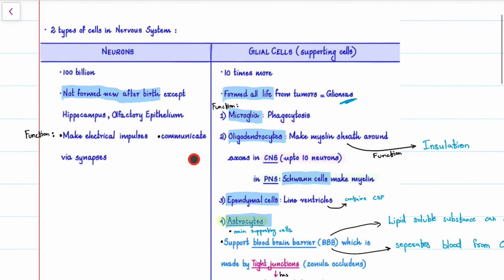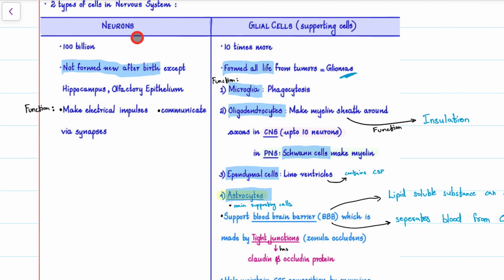So what are the functions of these cells? The neuron's function is simply to make electrical impulses and to send it or communicate it via the synapses. Actually, the junction between two neurons is known as a synapse.